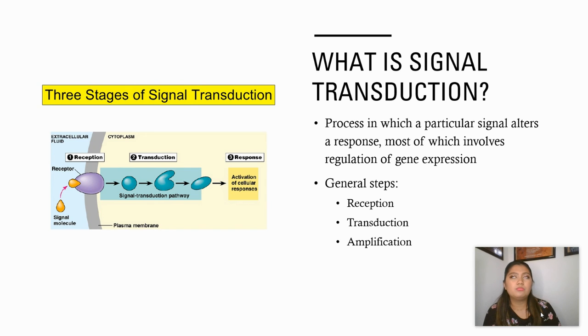Most of the receptor proteins will be on the membrane, whether that's G protein or RTKs. They're going to transduce that signal through a phosphorylation cascade, and then at the very end they will amplify that signal with the use of a variety of things, including second messengers if that is involved.